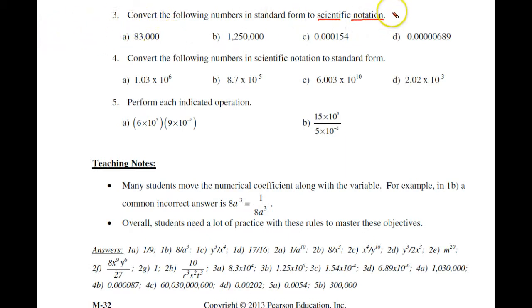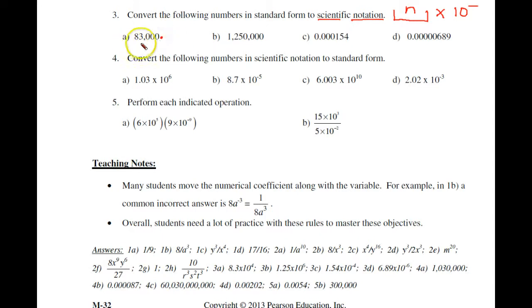Now in scientific notation, we have a number, this number here, that is between 1 and 10. And then we times it by a power of 10, where up here we're going to put some exponent. If it's a big number, these exponents will be positive. If they're small numbers, the exponents are going to be negative up there. So, in a mini way, what's the rule? Well, where's the decimal place right here?